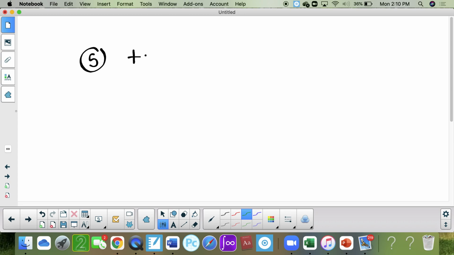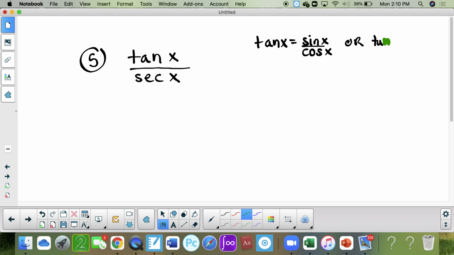Number 5, you have the tangent of x over the secant of x. Okay, now comes the rule of thumb for 5, 7, and 8. You want to change everything into sine and cosine. So tangent, there's a formula. Tangent is equal to sine over cosine, or tangent is equal to 1 over cotangent.